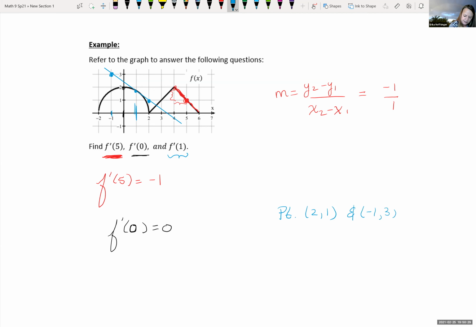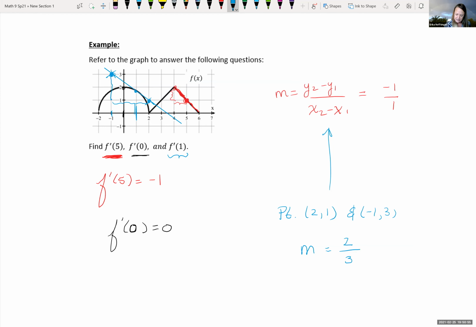I can do it algebraically, or I can think, okay, from this point to this point, how far am I falling? I'm falling a distance of 2. 3 minus 1 is 2. And then I'm running over 1, 2, 3.